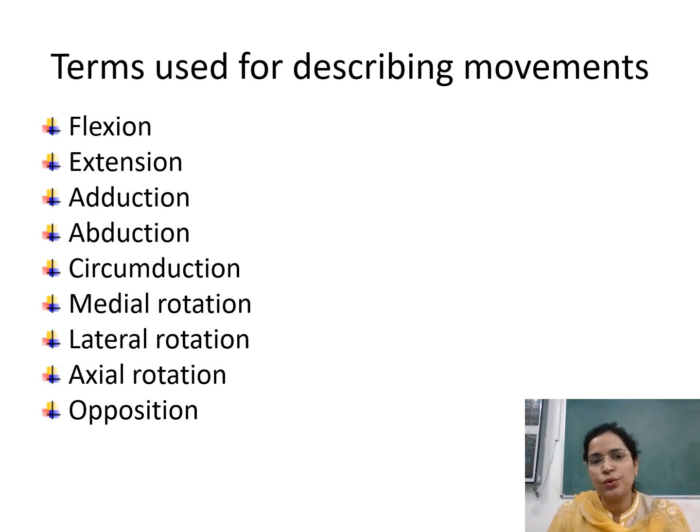Take the example of a synovial joint, like the shoulder joint, which is a highly mobile joint: flexion and extension take place around the anteroposterior plane, then abduction and adduction, circumduction, medial rotation, lateral rotation, where circumduction is a combination of all, as well as axial rotation of a particular bone, for example the clavicle.